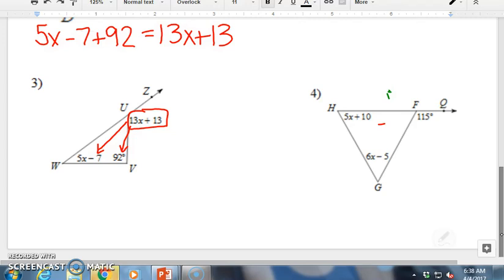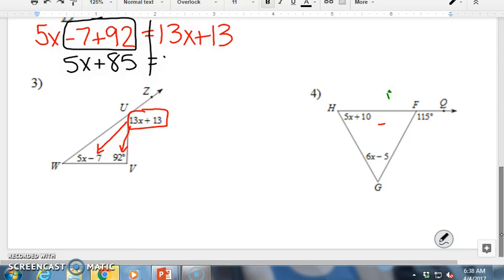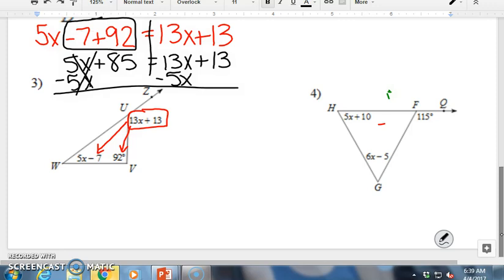So I combine my like terms on the same side first, so negative 7 plus 92. Get 85. Okay. I get my x's together, so I have to subtract 5x from 13x.